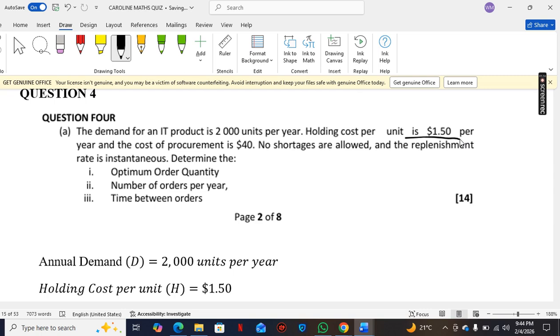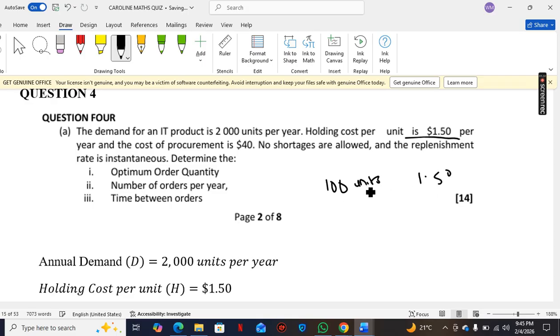For example, if you order 100 units and, let's say, to store your inventory, to keep these 100 units, it's $1.50.